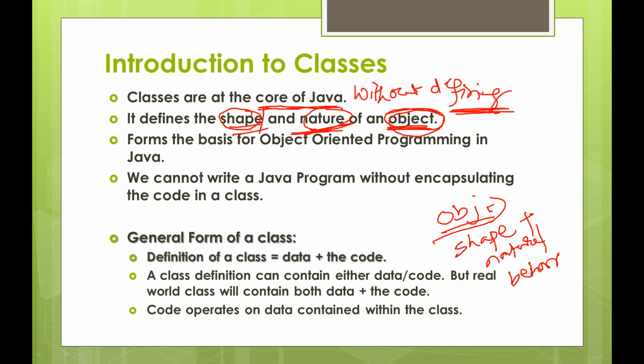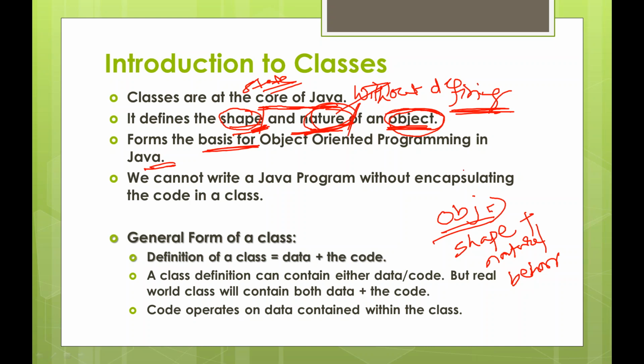Shape, we will see how we can define a particular shape. Shape is what we will call state in object-oriented programming, the state of a variable, and nature or behavior are methods. We will see all these things slowly. So in Java, what is this class? It forms the basis for object-oriented programming.